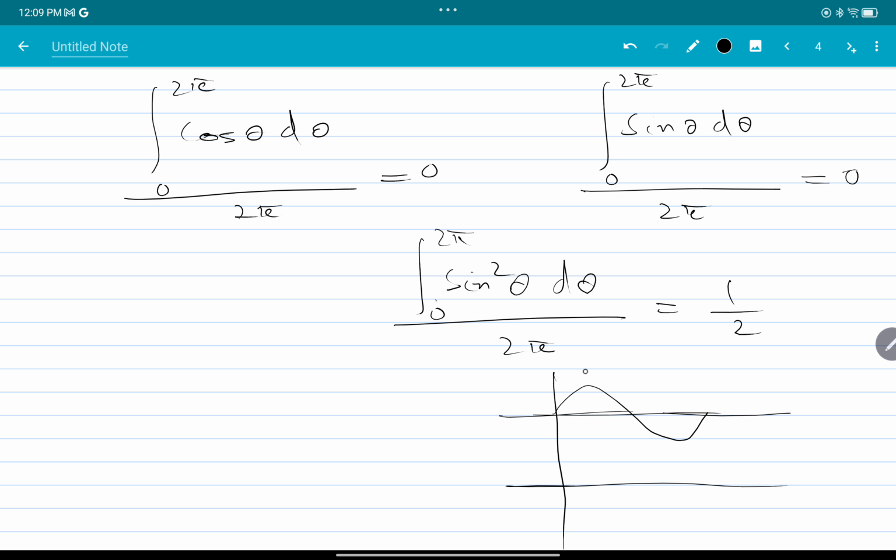When you square sine theta, it is 1, and this is minus 1. By squaring it, 1 will remain 1, and minus 1 will become plus 1. Now no value of sine square theta will be negative because of the squaring. So the graph of sine square theta will be something like this.